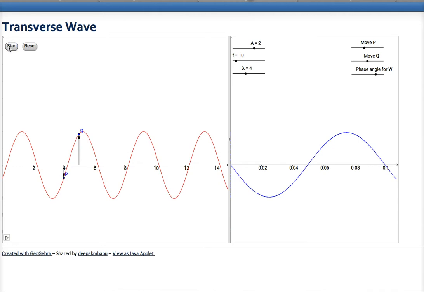And that's really what causes the wave to appear to move to the right, because if, let's say, P represented a crest, then a few seconds later Q will represent the crest. So it seems like it's moved from here to here. And that's why it seems like the wave is moving, whereas the particles are actually only moving up and down, but it seems like the wave is moving left to right. Is this clear?